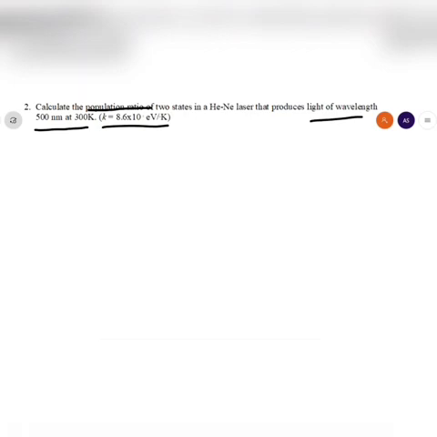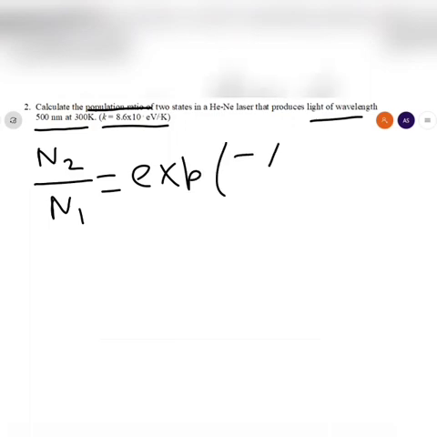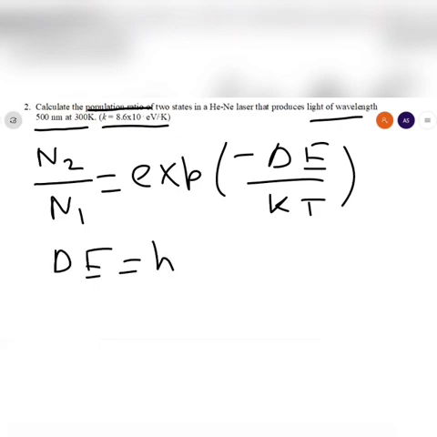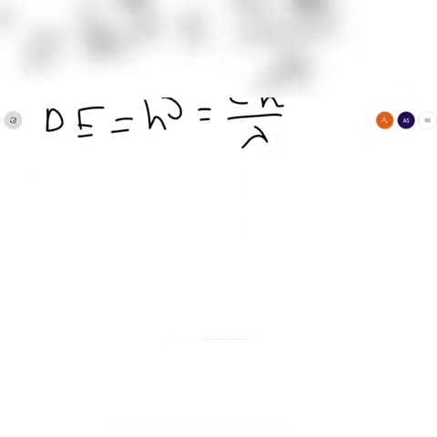You know the ratio of the population n2 by n1 is equal to exponential of minus delta E upon kT, and the value of delta E is equal to h mu. We can write that as hc by lambda.